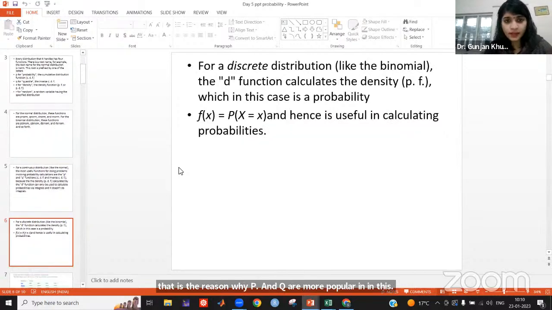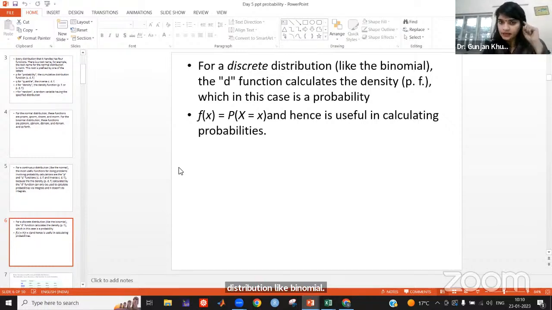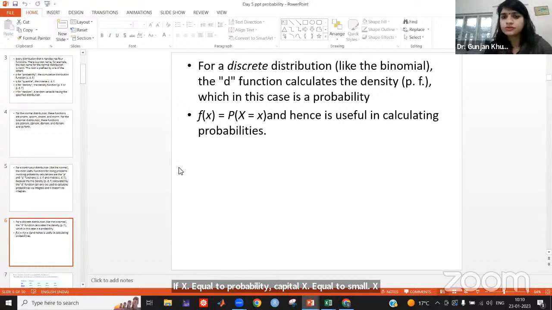For a discrete distribution like binomial, the function D calculates the density, which in this case is a probability, f(x) equal to P(X = x), and hence is useful in calculating the probabilities. For discrete, we generally use dbinom.